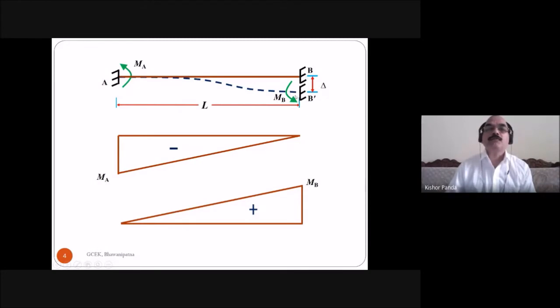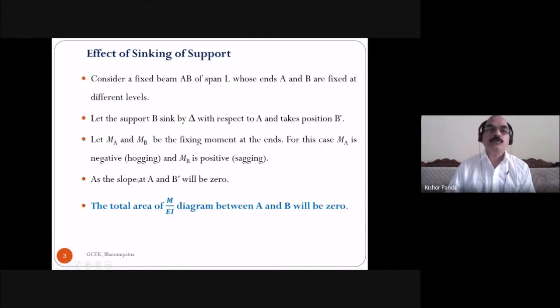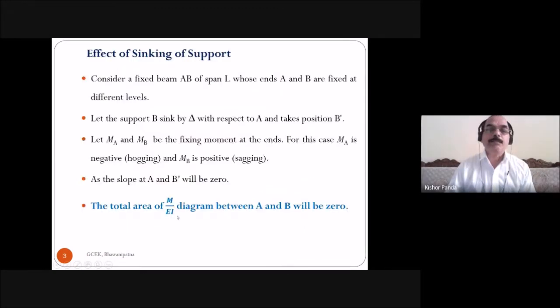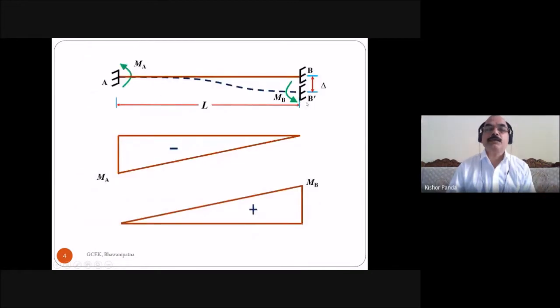So what is the slope between A and B dash? It is 0. If the slope at A and B dash is 0, from the moment area theorem, the total area of the M by I diagram between A and B is equal to the slope between A and B, which is equal to 0.